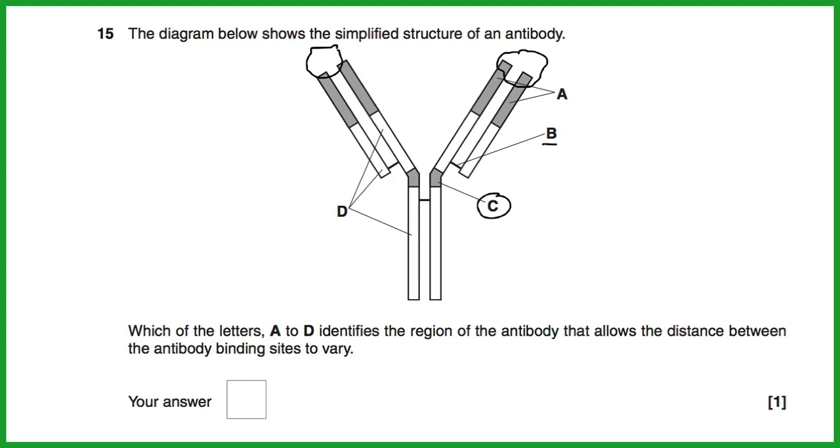And the hinge region enables the distance between the antibody binding sites to vary. So this hinge region C means that the distance between the antigens and the antibody binding sites therefore can vary. So the answer here is C.